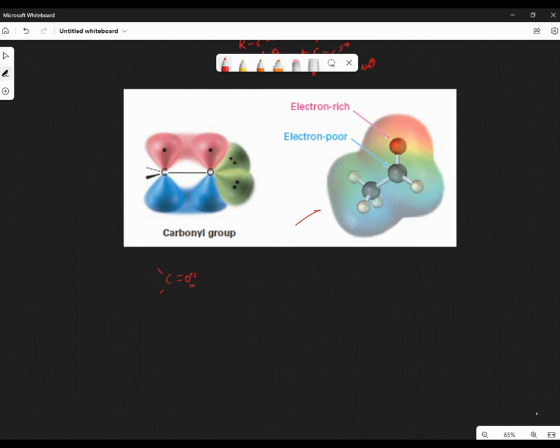This picture shows that the oxygen of the carbonyl group is electron rich because oxygen is electronegative. It will pull electron density towards it, and the carbon of the carbonyl group will be electron poor, so that will be positive. So what we're going to look at now is a nucleophilic reaction that's going to add to here. I hope that makes sense.